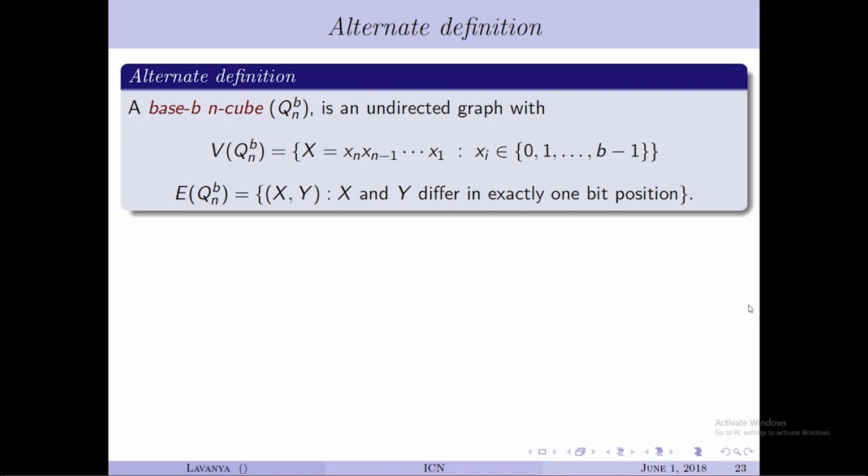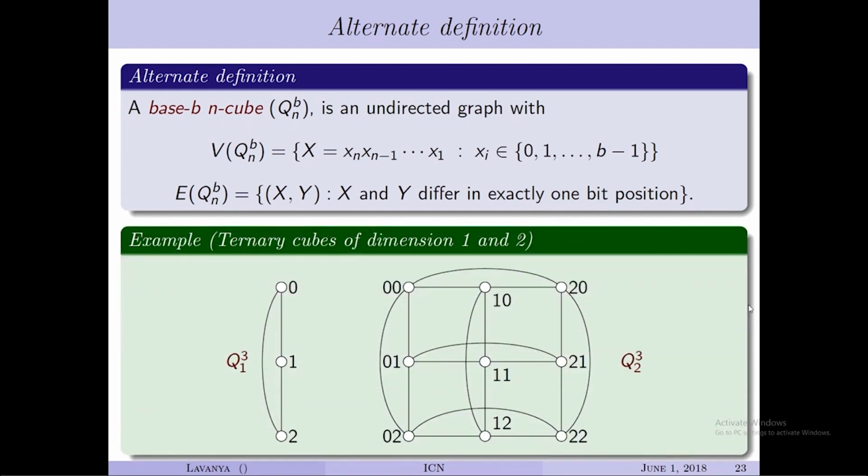And you say that two vertices are adjacent if and only if they differ in exactly 1 bit position. We do not bother by how much it differs, but exactly in 1 bit it has to differ. All the other n minus 1 bits are the same, only in 1 bit they differ.